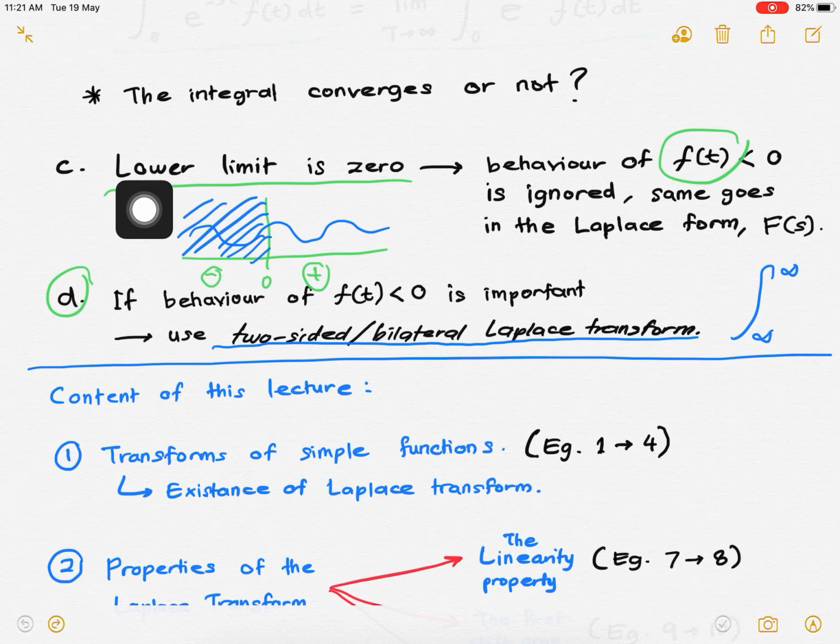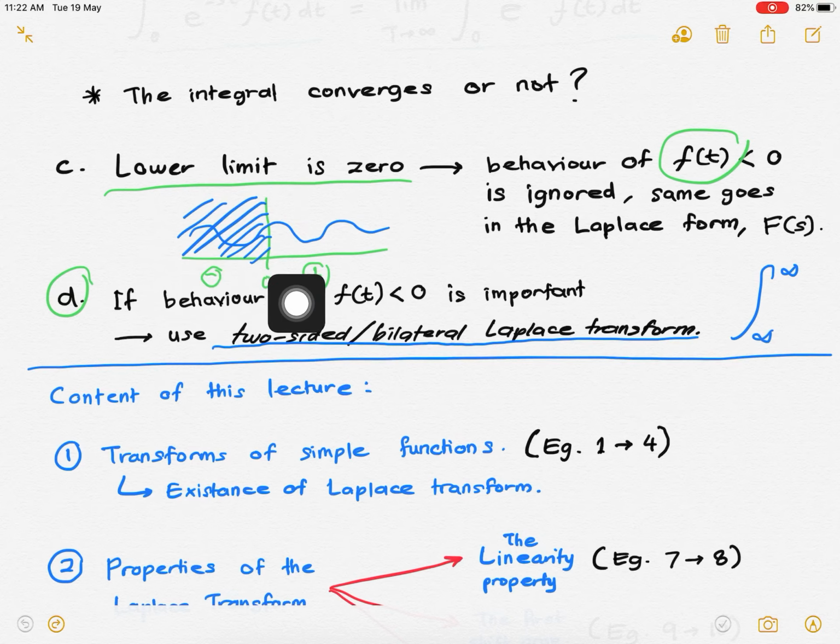The third information that we need to know is that the lower limit is 0. Therefore, for this function, if this is the line of the function, we want to ignore the negative part.